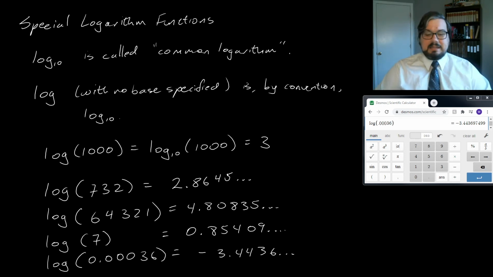Furthermore, we can see here that we've got the logarithm of 7 is less than 1, and that's because 7 is less than 10. The common logarithm is an increasing function, and if you plug in a number that's less than the base of your logarithm, then you'll get a number that's less than 1.